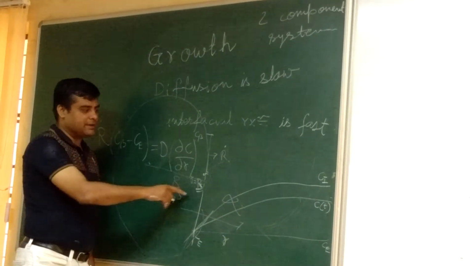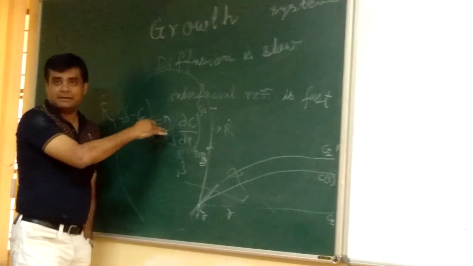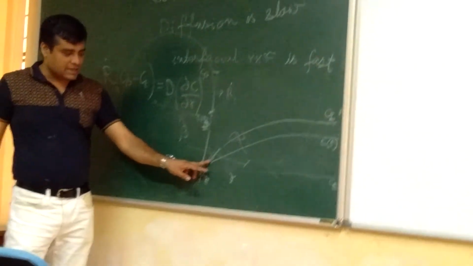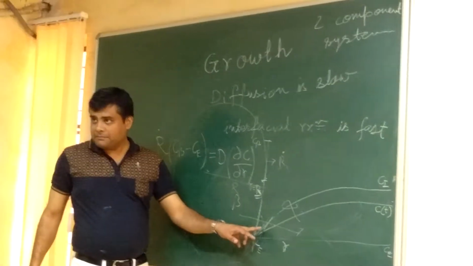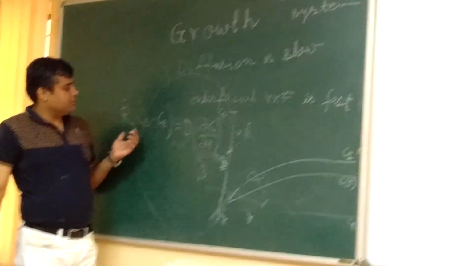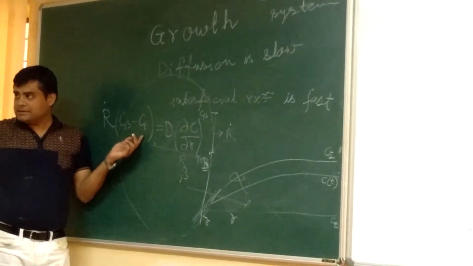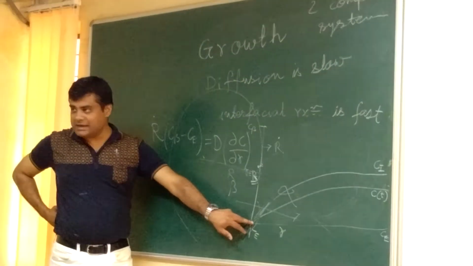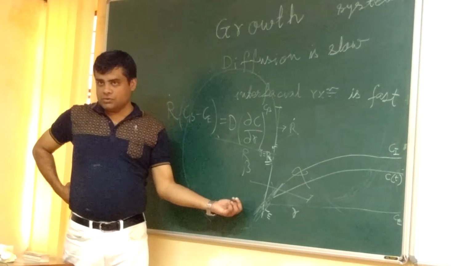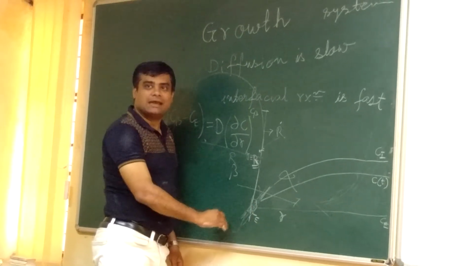When r equals capital R, at the interface, del C del R, the concentration gradient, multiplied by the diffusivity is the flux per unit area per unit time that is coming. That should be equal to r dot times C beta minus C. And whatever comes at this point, immediately jumps.